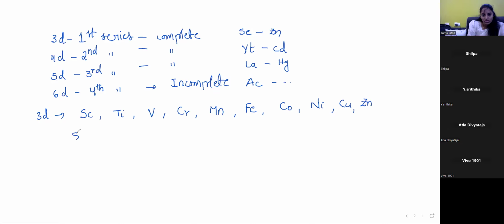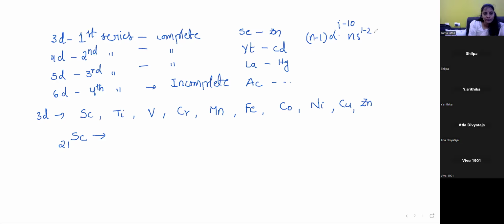So here, scandium. Scandium's atomic number is 21. Its electronic configuration follows the general electronic configuration I told you on the previous page, (n minus 1) d 1 to 10, ns 1 to 2. You can follow this order.